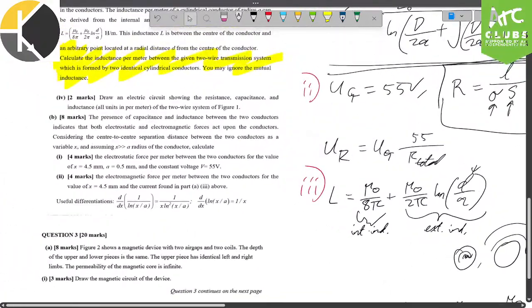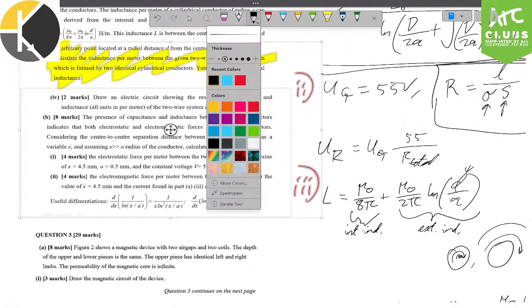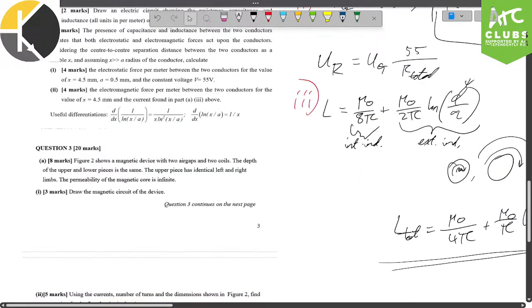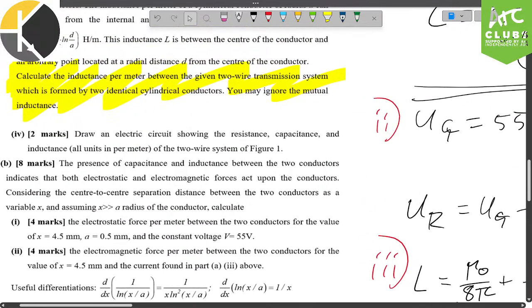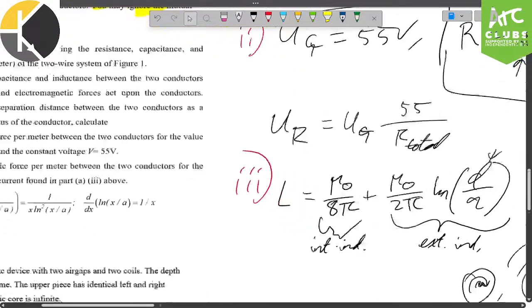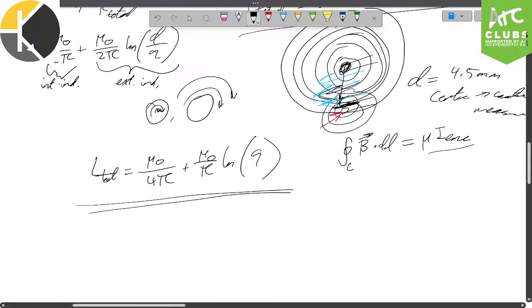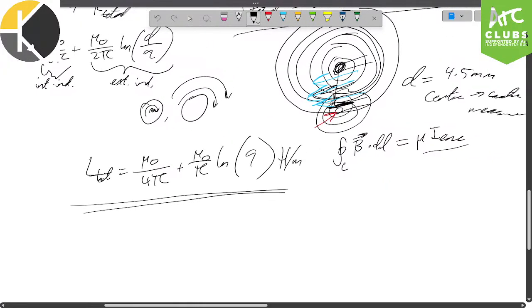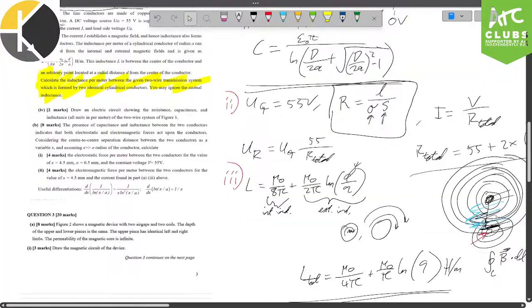So that's that, and now we're given another task. Question part 4. Draw an electric circuit showing the resistance, capacitance, and inductance, all units per meter, of the two-wire system in this. Mind you, I should probably put Henrys per meter. Don't want to get fact-checked by that.